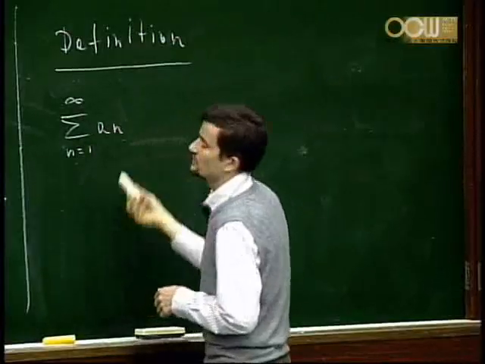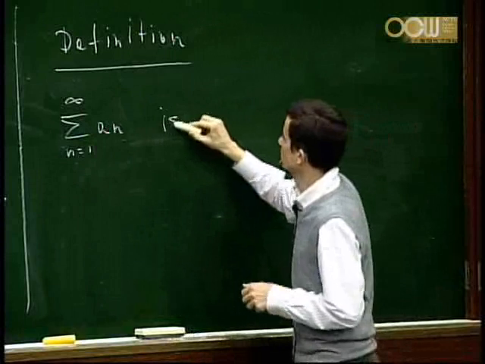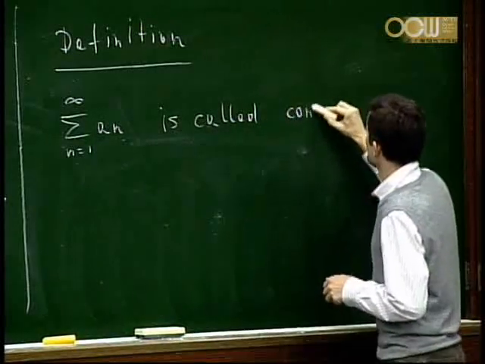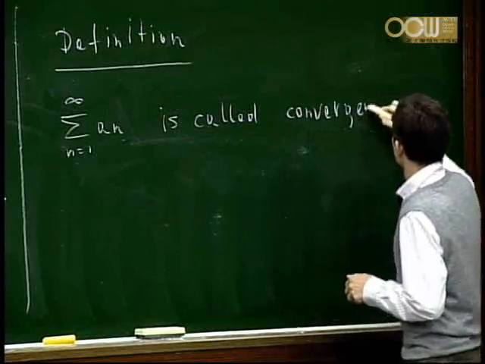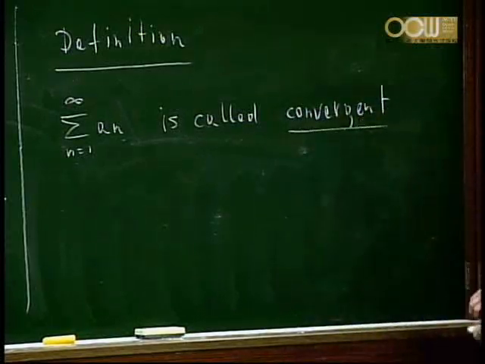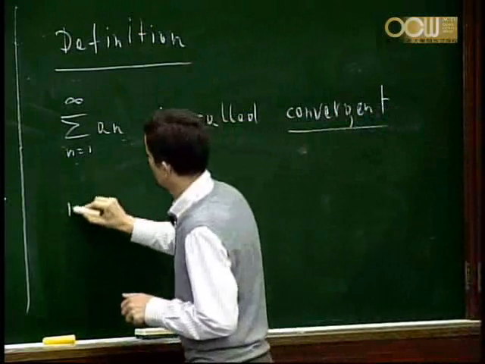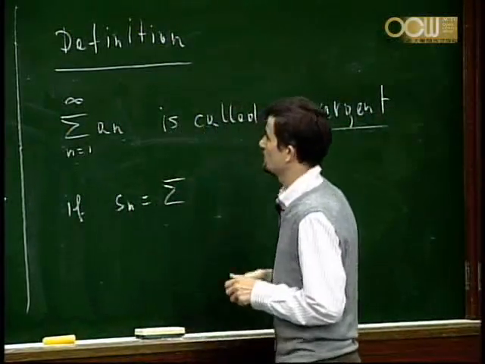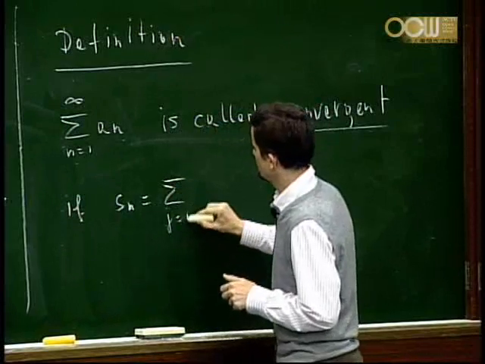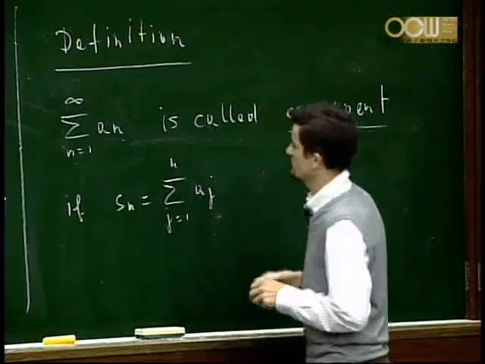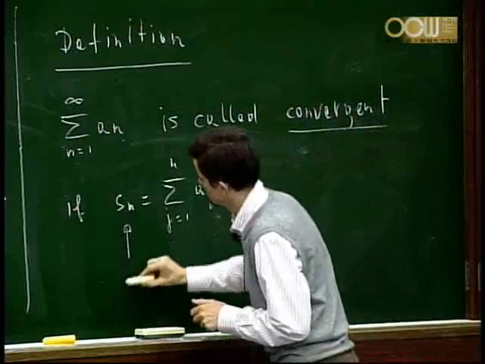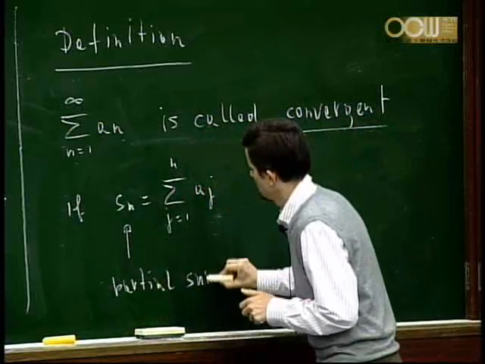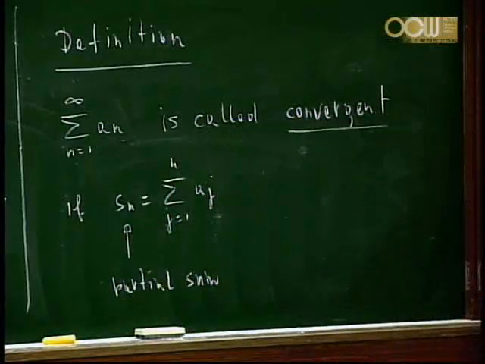So this kind of object is called convergent if we look at the so-called partial sums, where the index is a little bit awkward, so the sum of a_j for j from 1 to n. This is called the partial sum of the first n terms.